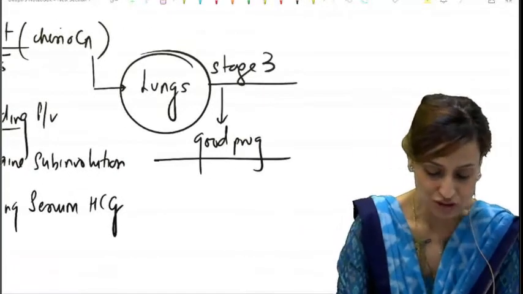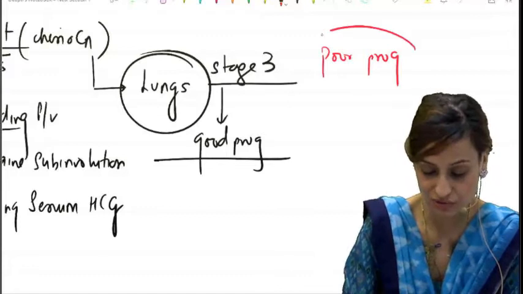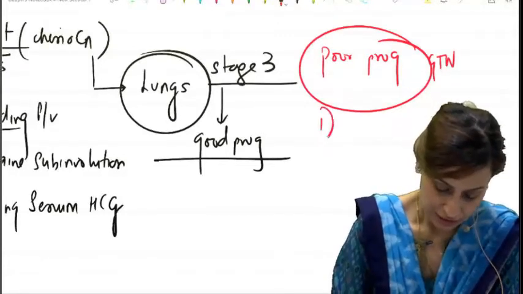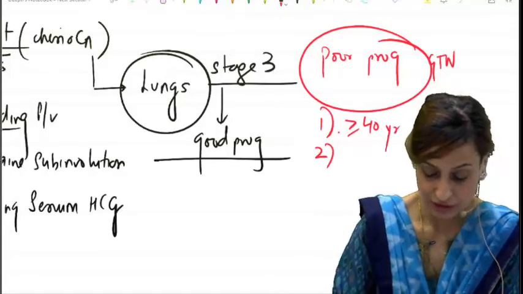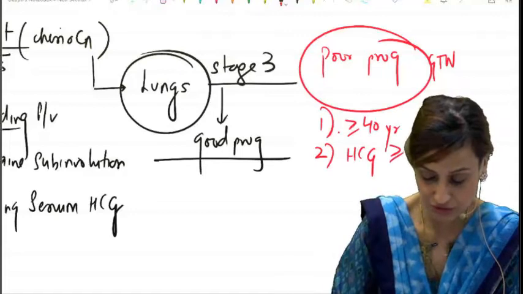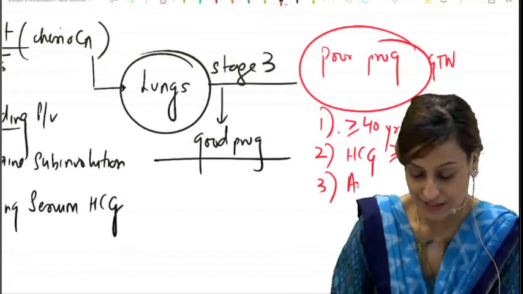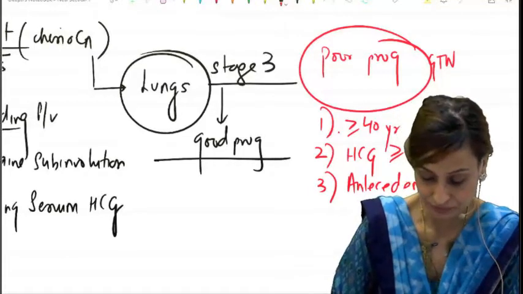The PGI people are quite fond of asking you poor prognostic markers for GTN, right? So these are, number 1, if the age is more than 40 years, right? Second, if the HCG is more than 10 to the power 5. Third, if the antecedent pregnancy was a full-term pregnancy, right?